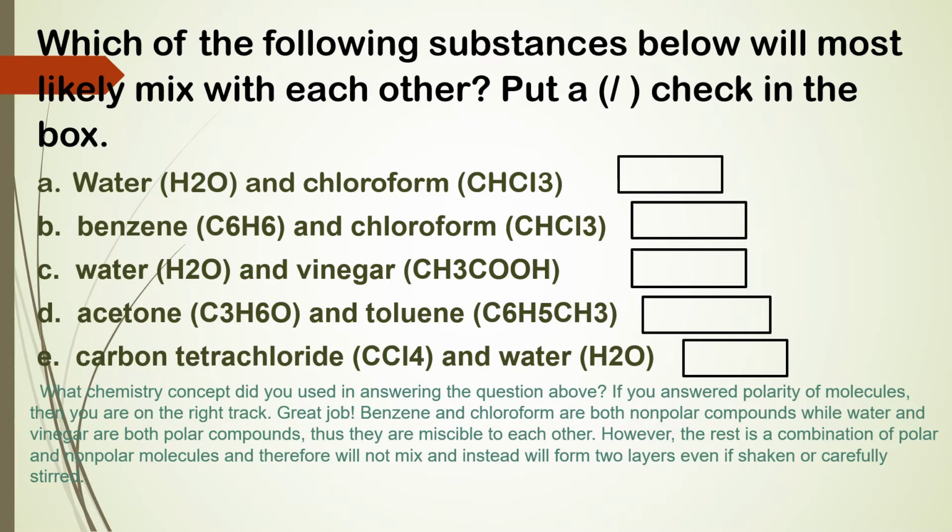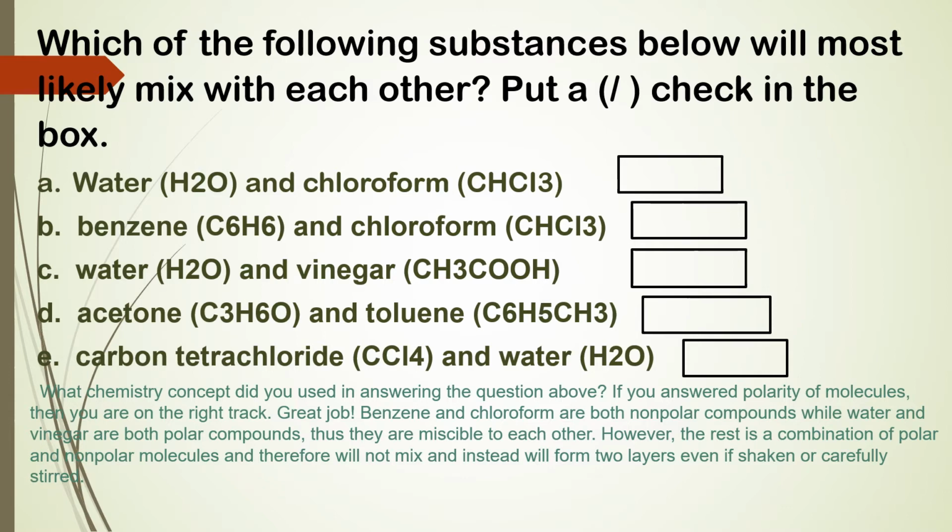Try to think which of the following substances will most likely mix. Okay, if you're done, what chemistry concept did you use in answering the question above? If you answered polarity of molecules, then you are right. Great job.